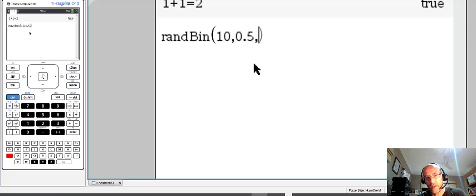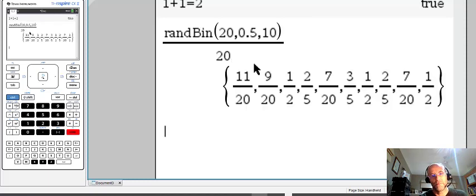Oh no, I've got it around the wrong way. It is actually, sorry, n is 20. p is 0.5, and there's 10 of those trials in total. And then we have to divide it by the size of the n, the sample size. Okay, so we've got 10 there.